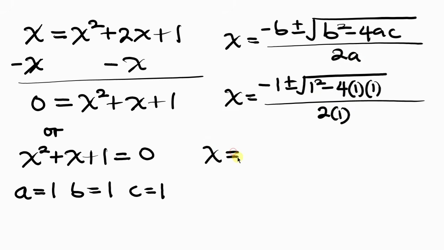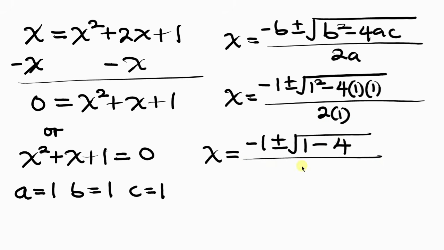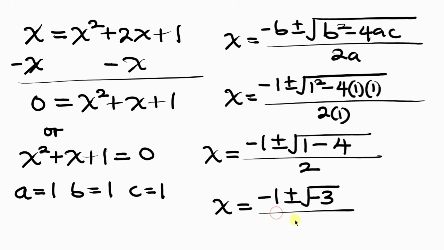So x will be negative 1 plus or minus the square root of 1 squared, which is 1, minus 4 times 1, which is 4, all over 2 times 1, that will be 2. So this results in x equal to negative 1 plus or minus the square root of 1 minus 4, which is negative 3, all over 2.